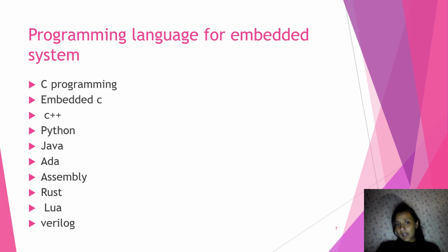Some of these are familiar to us, like C, C++, Python, Java, Assembly, and many others are not that familiar, but these are the languages which we can use. These are the languages which can help us turn the embedded system to the complete instruction set. We can use the embedded system in a much better manner.